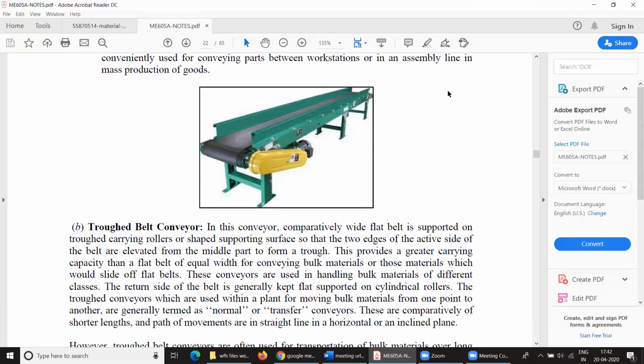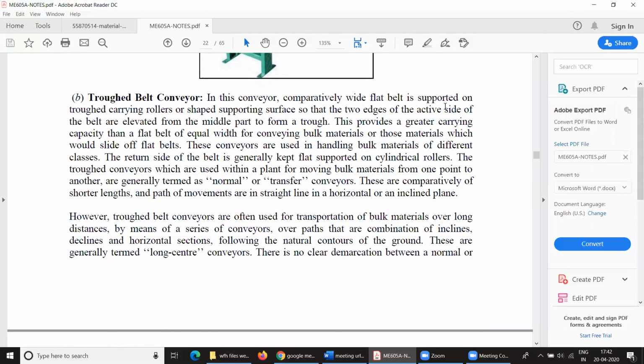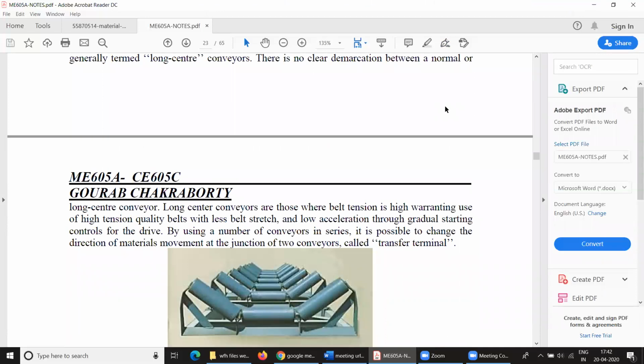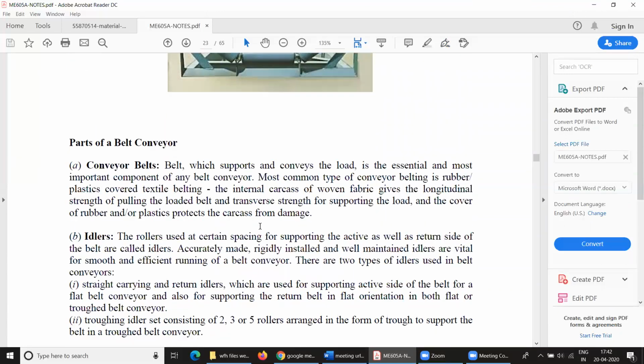And closed belt conveyor and metallic belt conveyor, etc. And there are also portable conveyors, the rope driven belt conveyor, submerged belt conveyor. These are all separate kinds of belt conveyor. Each and every one has its different use.